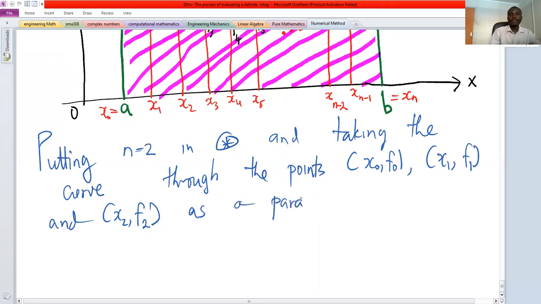When we have 3 points, we can define a parabola, simply a polynomial of degree 2.